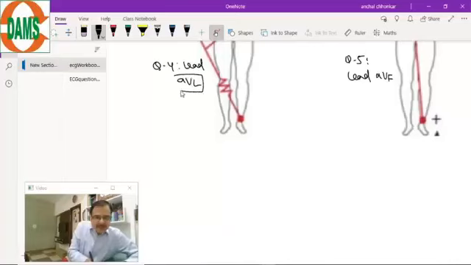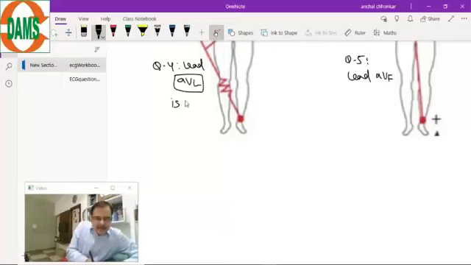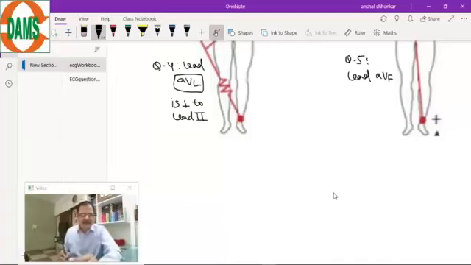The axis of AVL: look carefully, it is just mathematics, nothing else. AVL is perpendicular to lead 2. This we all know. AVL vector is perpendicular to lead 2. So where exactly is lead 2?